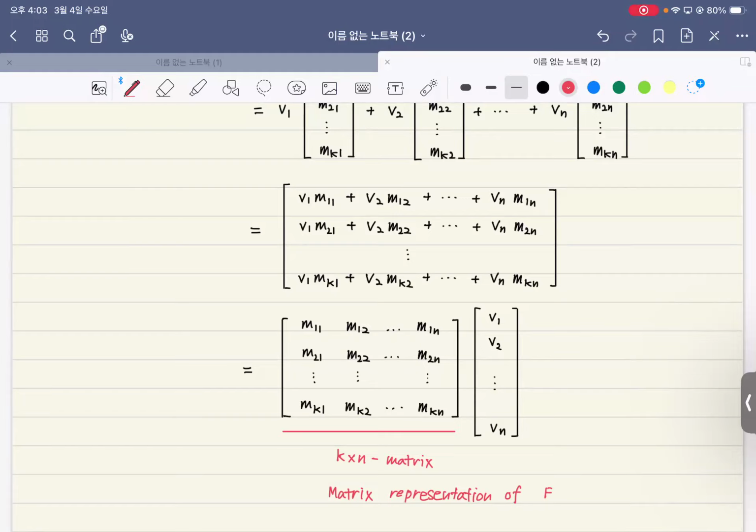Do you think you can find such a nice matrix representation? This is so important, so I want to spend enough time explaining this.